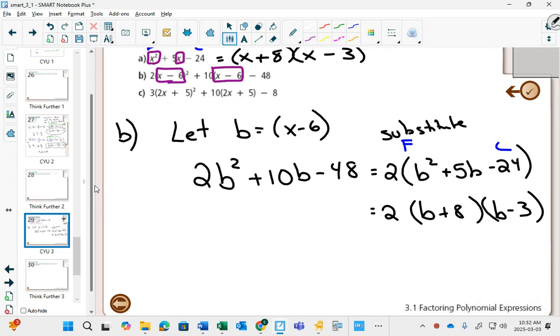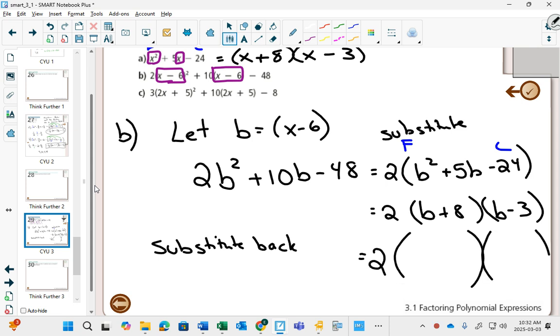We were able to factor, and now we can substitute back. So wherever I have the b's, I'm going to put back in the x minus 6 plus 8, and then x minus 6 plug back in there, minus 3.